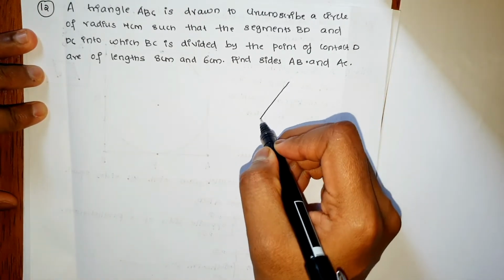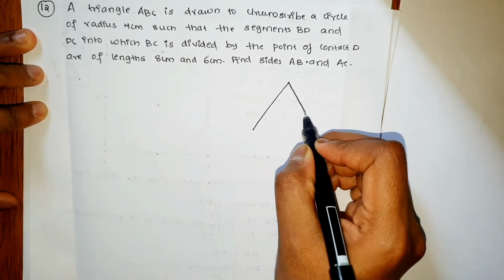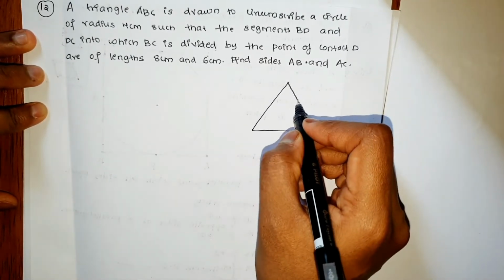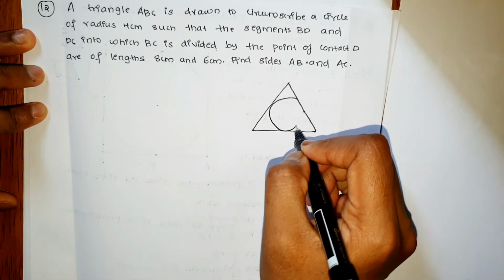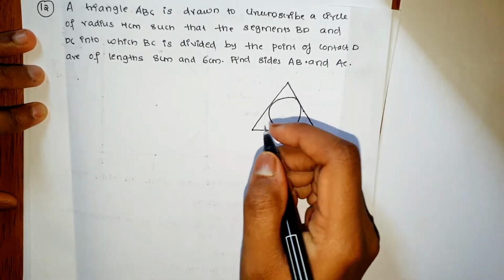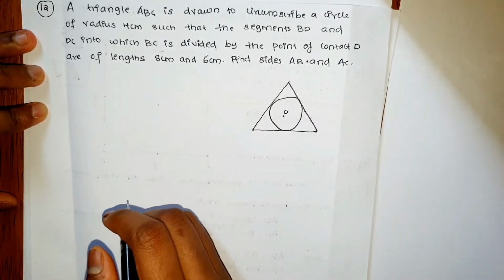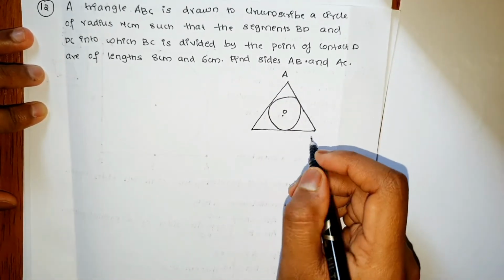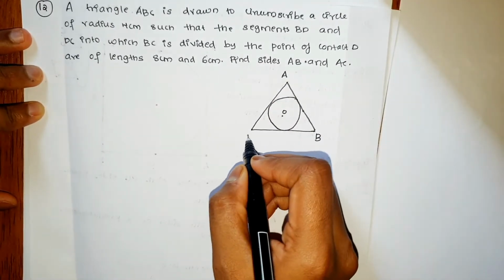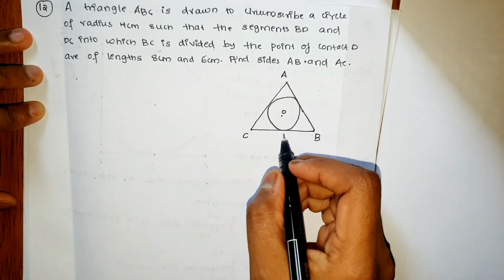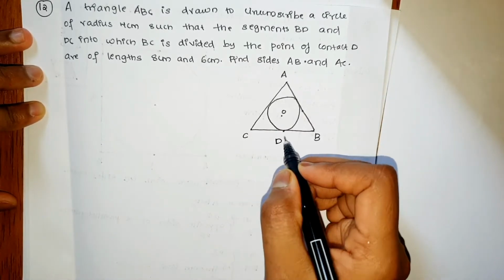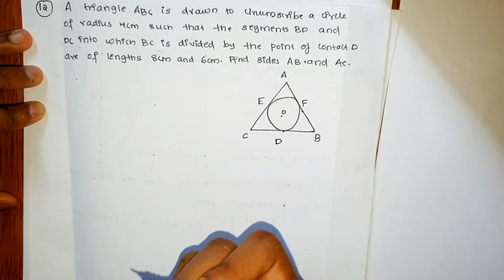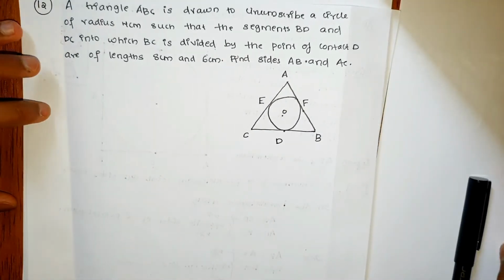So we have a triangle and a circle is drawn inside this triangle. Circle is O. So these points are A, B and C, and these points are D, F and E. In the question, what is given?